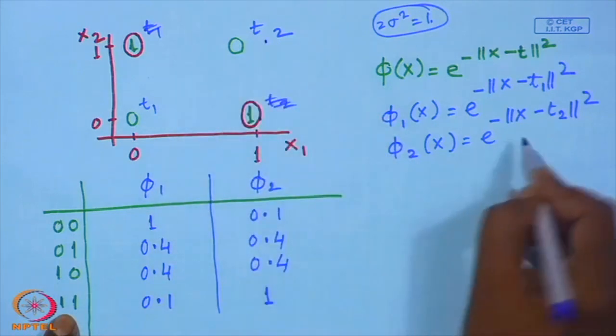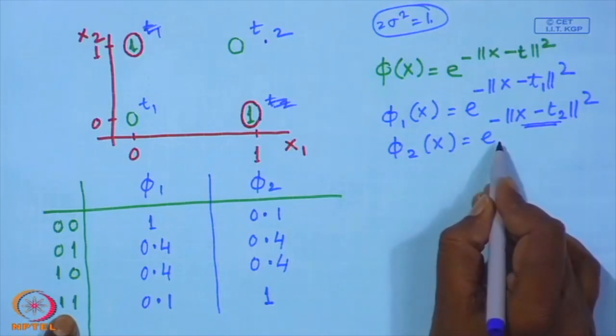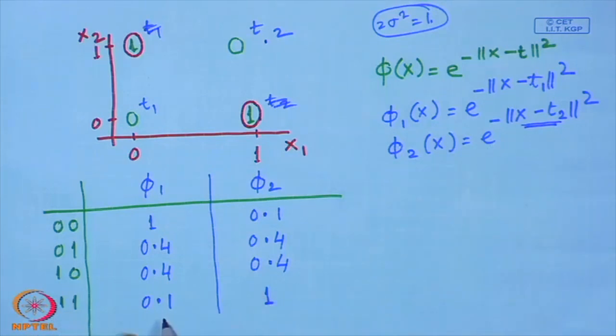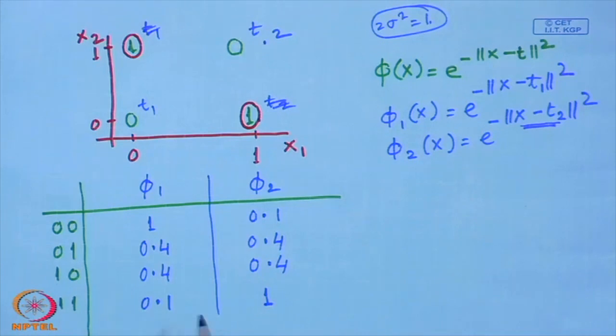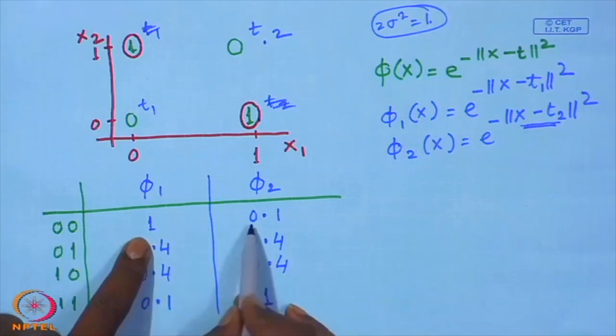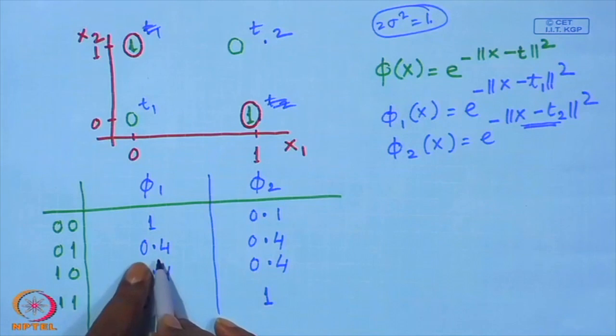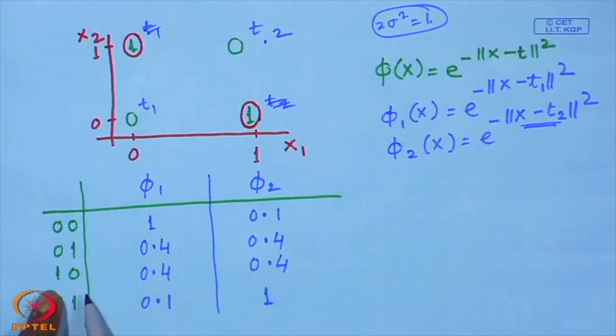So, phi 2 of x, this distance being equal to 0 now, will be equal to 1, and phi 1 of x will be equal to 0.1. So, you find that 0 0 has been mapped to 1 0.1, 0 1 has been mapped to 0.4 0.4, 1 0 has been mapped to 0.4 0.4, and 1 1 has been mapped to 0.1 1.